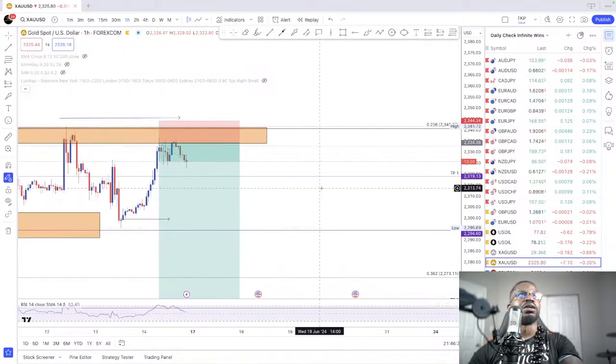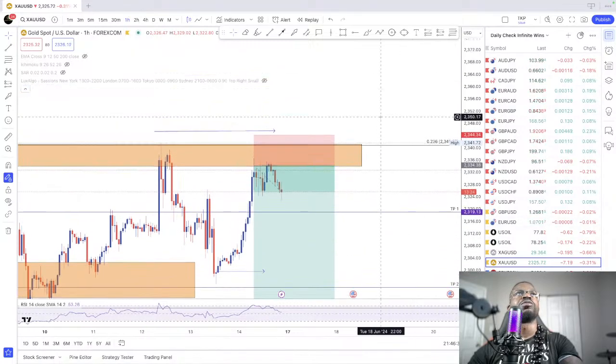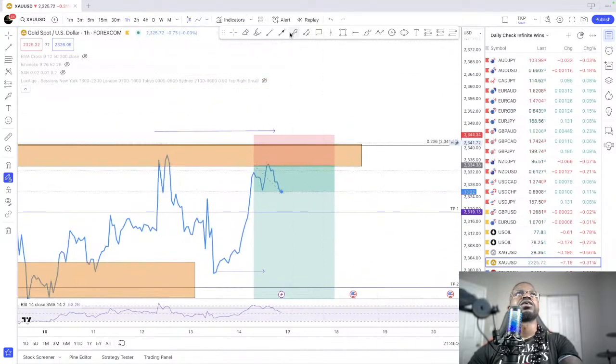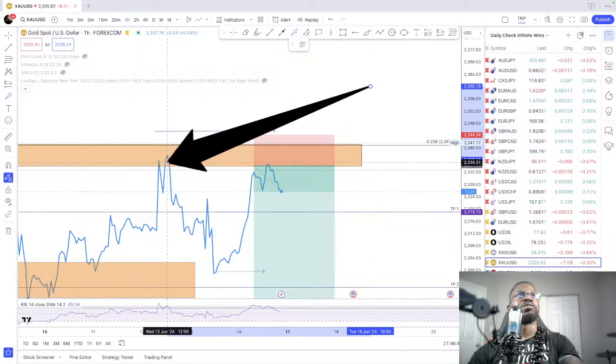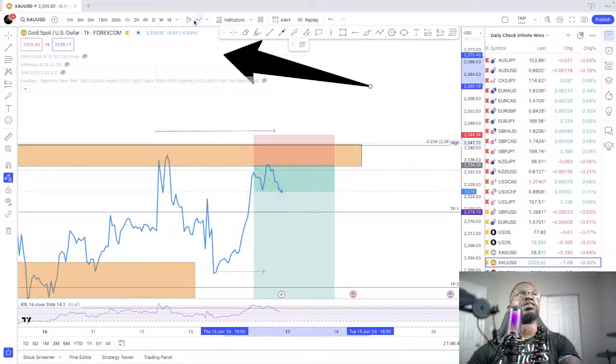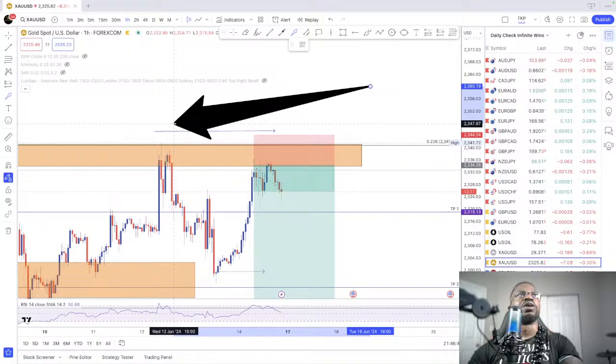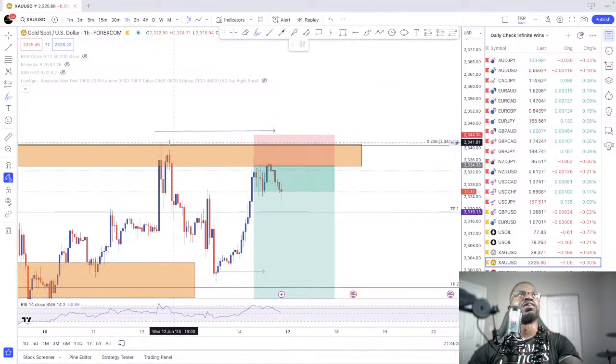With the way this thing set up, it created a double top here. All right, you see this big double top, and then right here, it created a double top as well. Now, typically when that happens, and a big thing is it created lower highs for each reversal pattern that it printed.